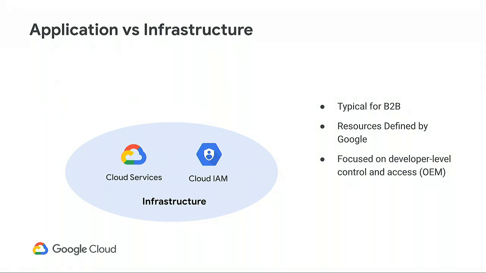What's common is that there is a service called Cloud IAM, and Cloud IAM controls what sort of permissions a given user has on what resources. And in this layer, the resources are obviously defined by the cloud service provider. So in our case, it's defined by Google. And typically, in case of B2B use cases, the implementation is heavier on this layer. So there is less need for an application layer because you can usually use these pre-existing building blocks.